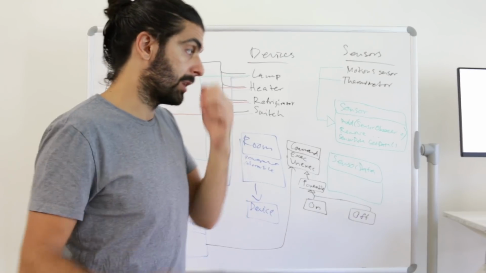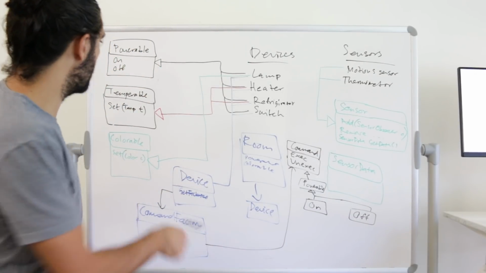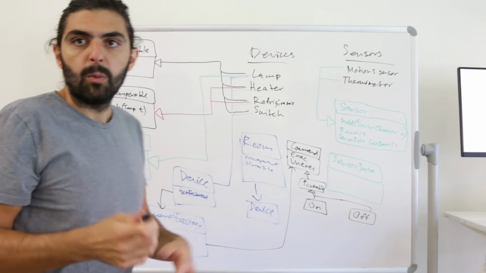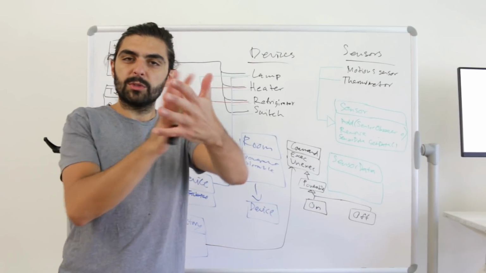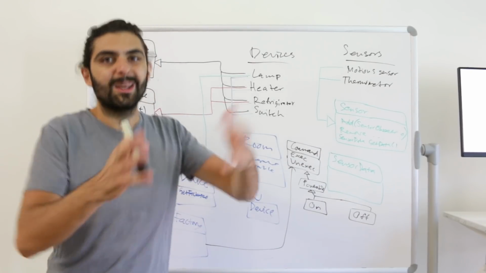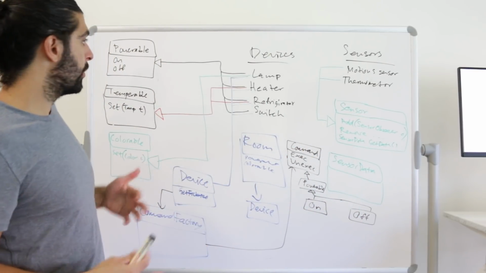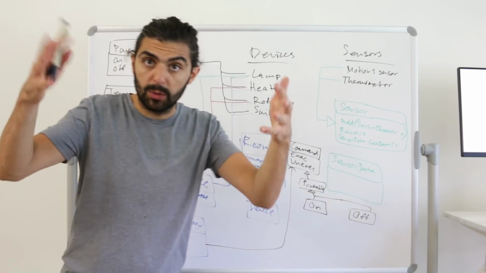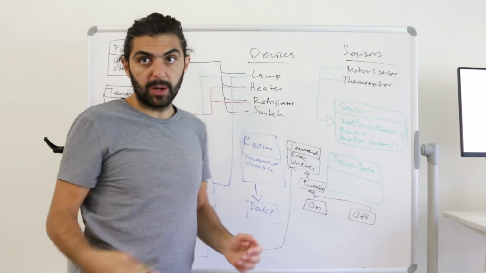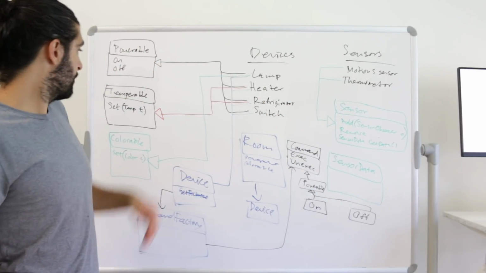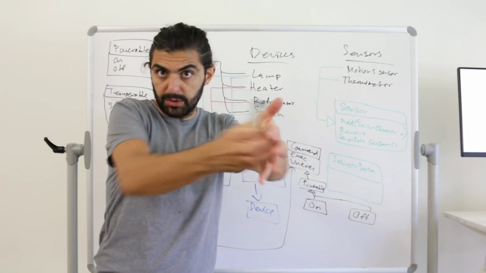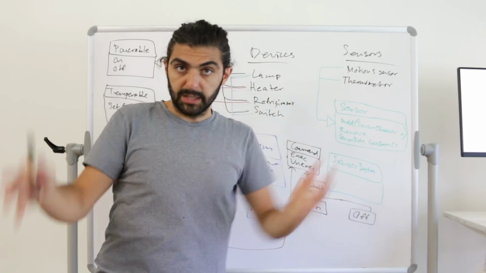And I say factories in plural, let's think about that. I say factories in plural because we're dividing not by type of thing, but by capability. We're trying to avoid having to repeat the notion of powerableness across all the different powerable devices, and instead say that something can be both colorable and powerable. These are two different things, right?